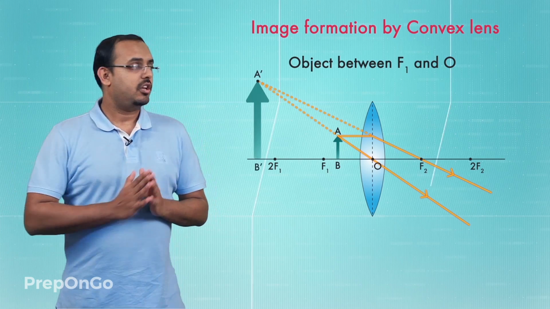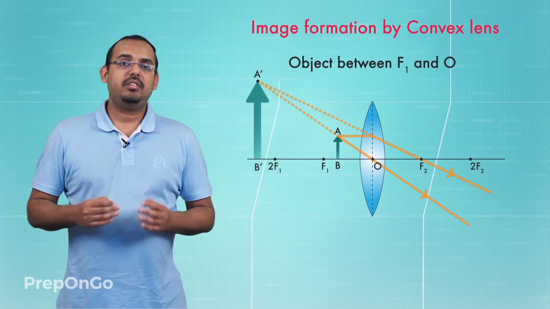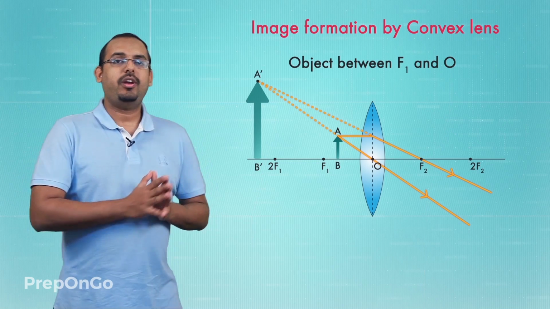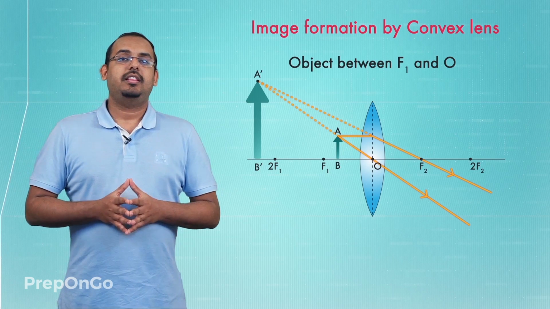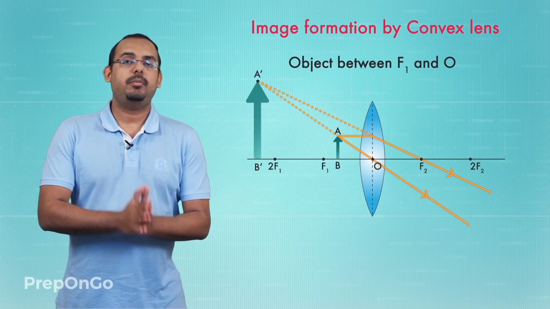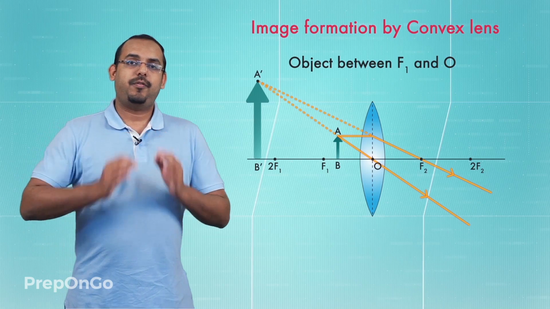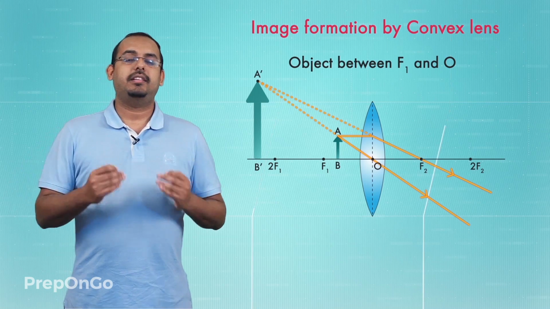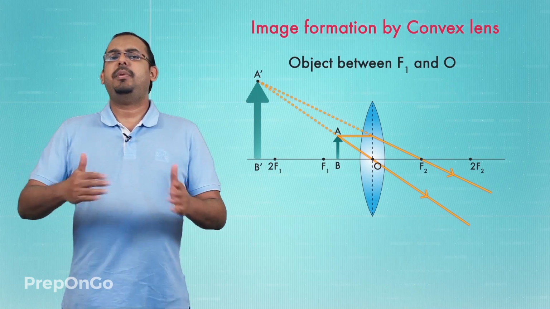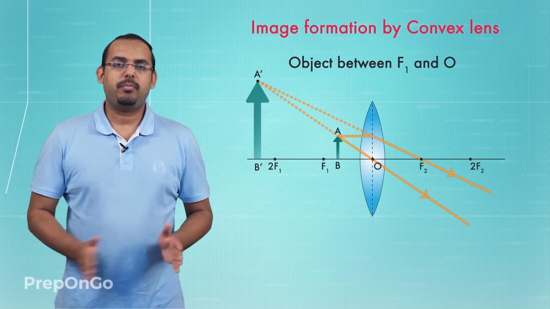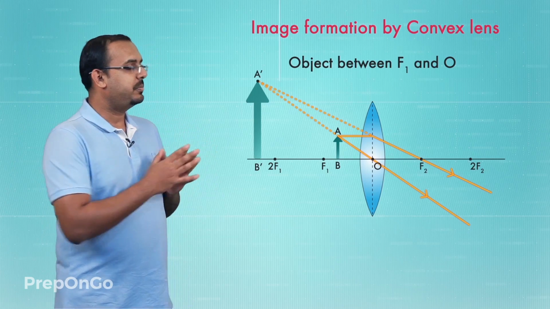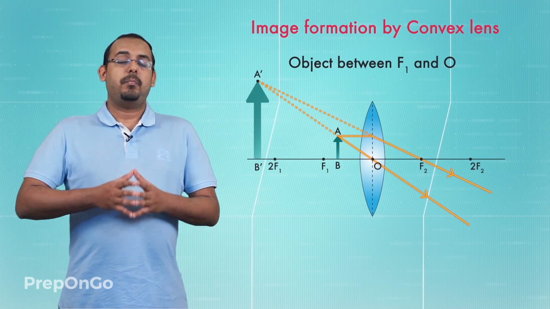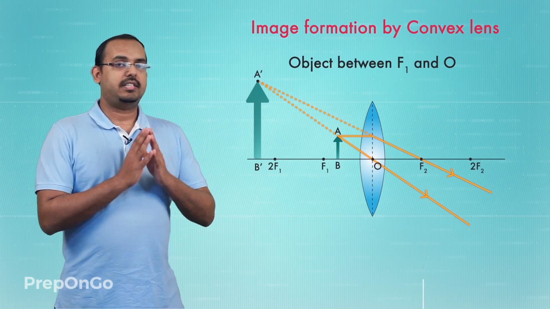So an image of the point A appears to have been formed at the point A dash beyond the convex lens. We say that a virtual image of the point A on the object is formed at A dash by this convex lens. If we repeat the same practice for all the points on the object, we get a virtual image A dash B dash which lies behind the convex lens.